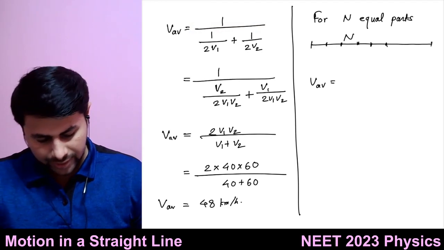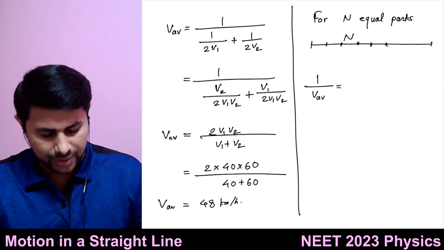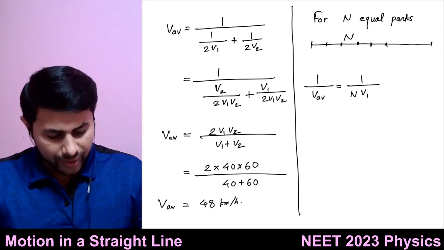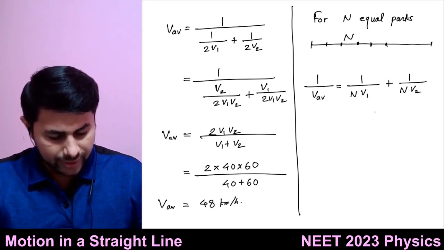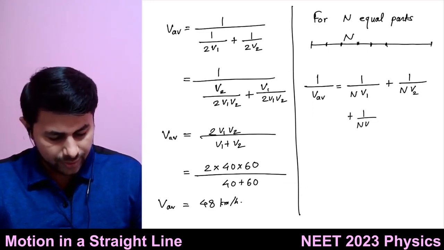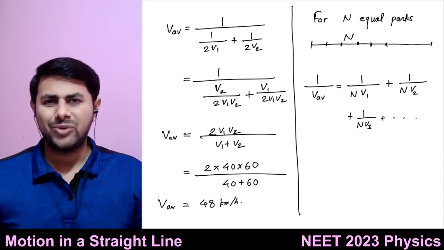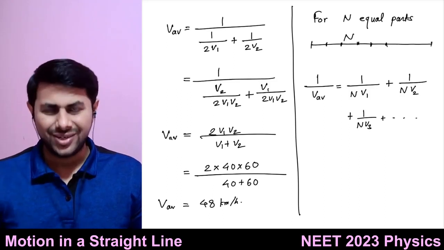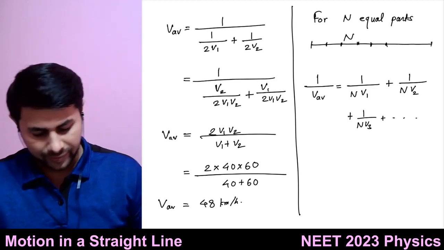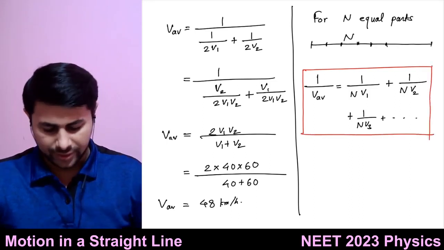So instead of writing VAV, I can write 1 upon VAV, it's equal to 1 upon nv1 plus 1 upon nv2 plus 1 upon nv3 plus so on and so forth. Most probably you will not need it beyond v3. But let's suppose you divide it in n parts. So this will be your generalized formula to find out average velocity.